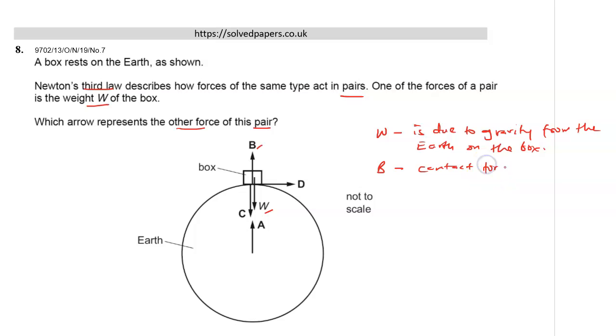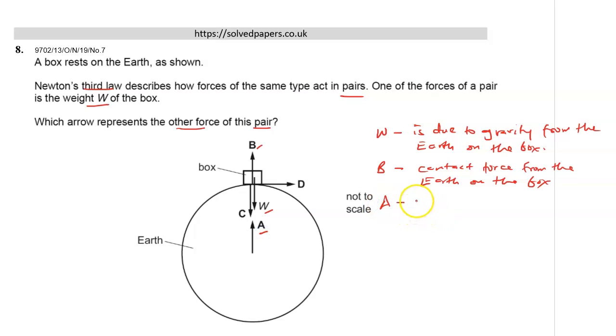Contact force from the Earth on the box. Then what is air? We have another force here, air.